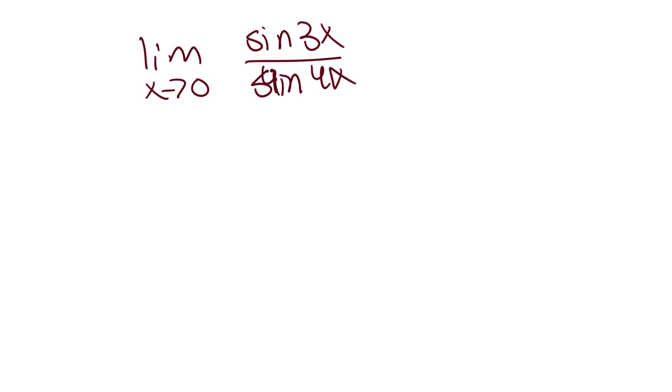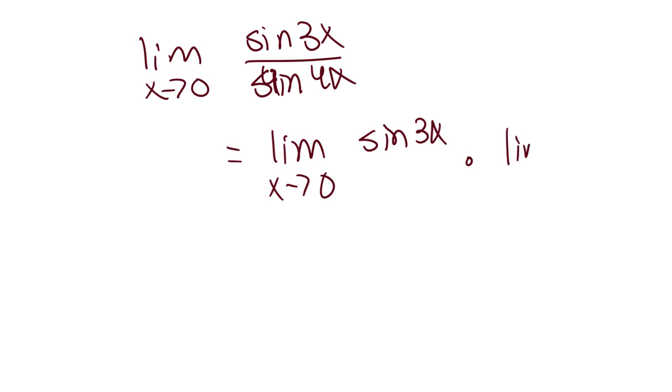I got the limit as x goes to 0 of sine 3x over sine 4x. This is going to be 0 over 0, correct? Do you agree? Okay, so if I break these apart, I would have the limit as x goes to 0 of sine 3x times the limit as x goes to 0 of 1 over sine 4x.